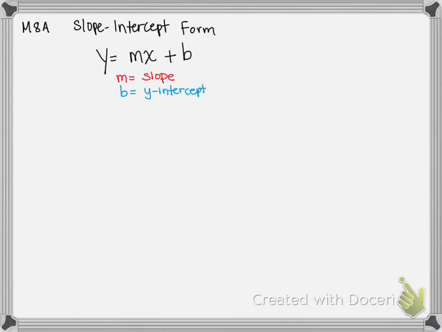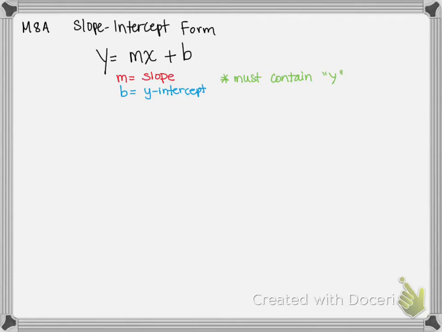So when it comes to an equation written in slope-intercept form, this is what's mandatory. It must contain y. I can drop off the x, but I can't drop off the y to have it in slope-intercept form.